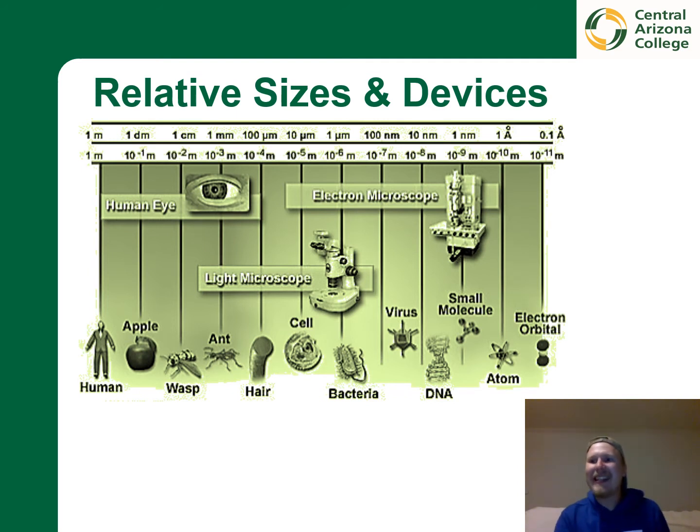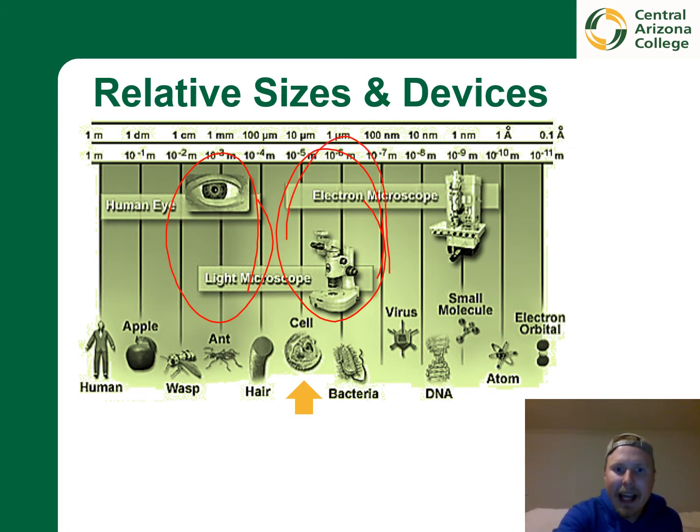So what we see here is where cells would fall on this scale. Another thing that you will notice is that there is a fair bit of overlap between these methods of looking at things. Between what we can see with the naked eye and light microscope, and then again between light and electron microscope.